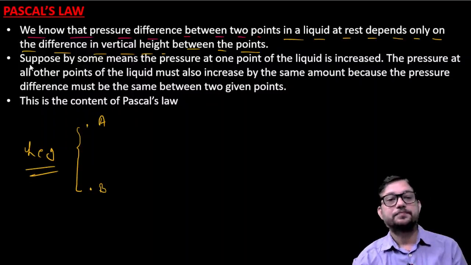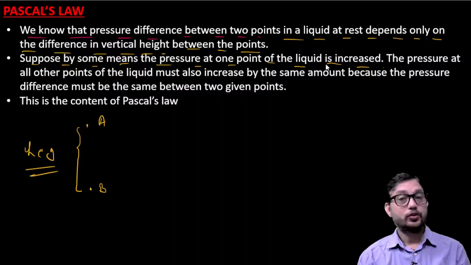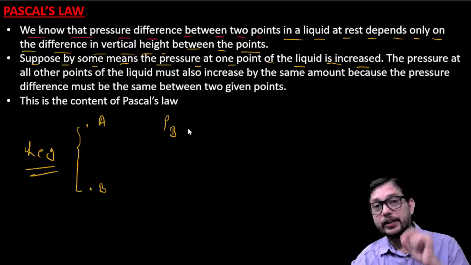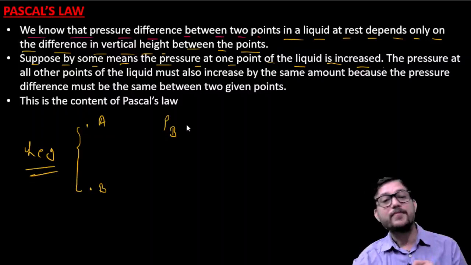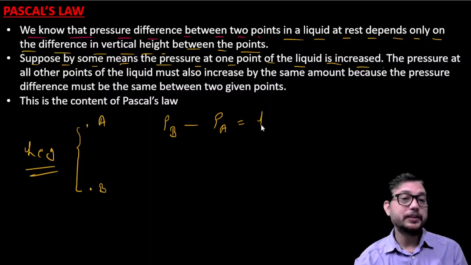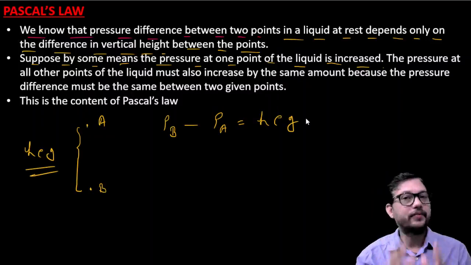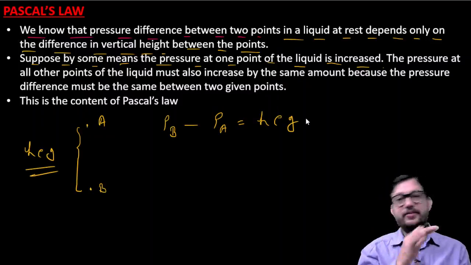Now suppose by some means the pressure at one end of the liquid is increased. The basic thing is that the pressure at point B, that is PB, minus the pressure at point A must be equal to H rho g. We derived this in the previous lecture.